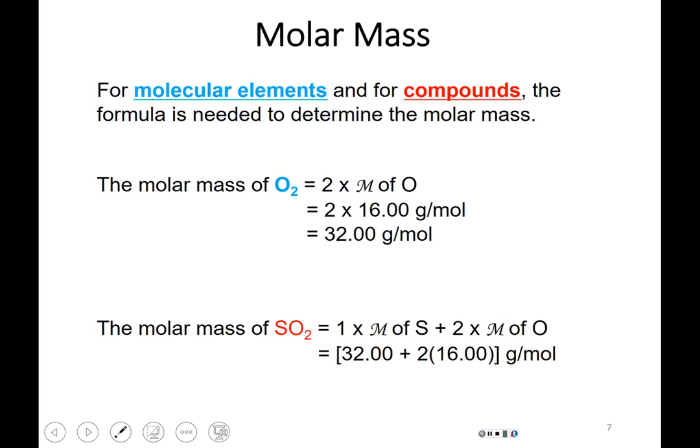Right? So in a sense, we're just adding up the atomic mass for every atom that's in that compound. And looking at the periodic table, the atomic mass of sulfur is 32, and 2 times 16 for the 2 oxygens, that's also 32, so 64 grams per mole would be the molecular weight of SO2.